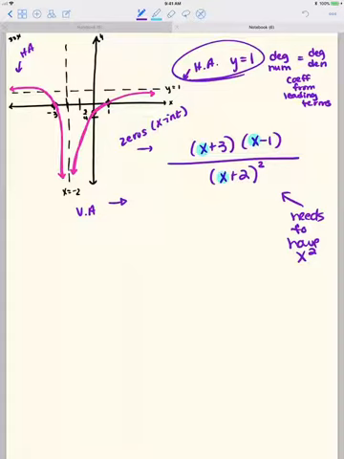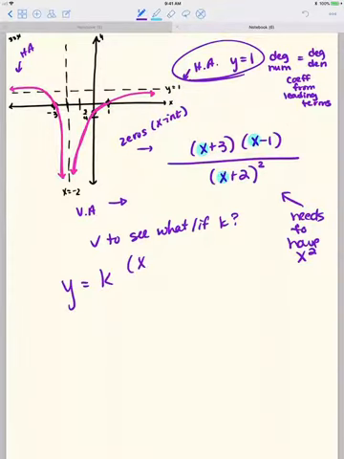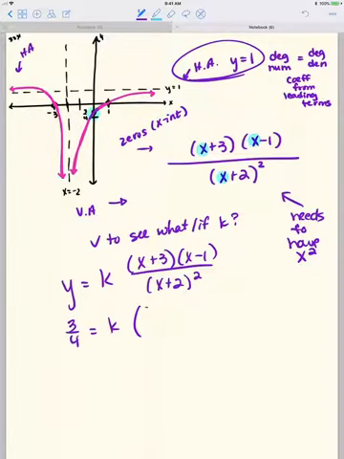It gives you a y-intercept of -3/4. So if you would like to check whether there's a constant value out front, you can. Remember, you just do y equals a constant and then write your factored form, and then plug in the y-intercept, in this case -3/4. So you plug -3/4 in for y, 0 in for all the x's.